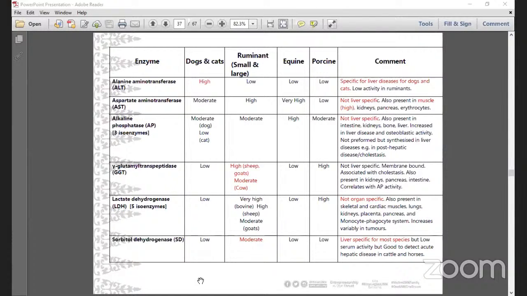The special thing about SDH is that it is liver specific for most species, but it is low in serum activity. And sorbitol dehydrogenase can be used to detect hepatic disease in cattle and also in horses. Okay, next.